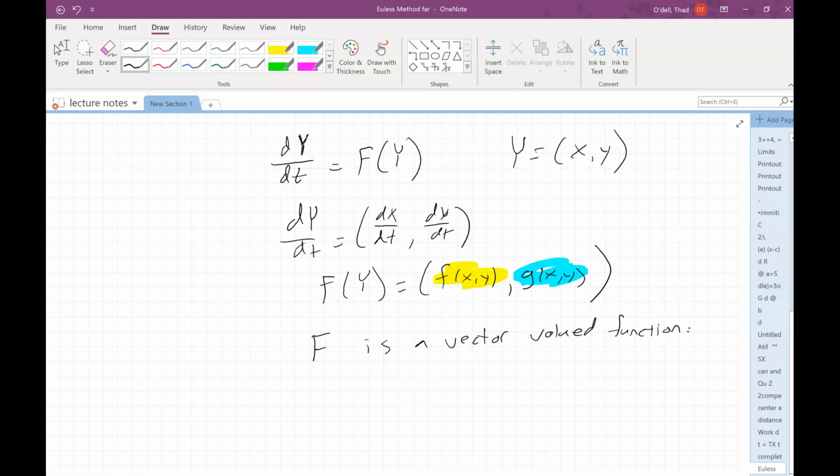And you can use a vector valued function to produce the vector field. We've drawn mostly directional fields, but the directional fields come from the vector fields. We just make all their vectors the same length, so it becomes a directional field. And this function, of course, is what we'd use to produce that vector field. And a solution, of course, would be a curve on that vector field whose tangent vectors at any point agree with the vector field.